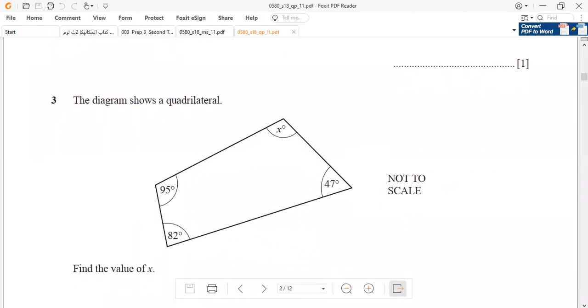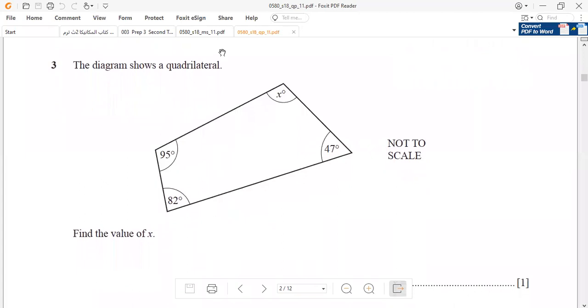In question 3, we have a quadrilateral here with 3 angle measurements: 95, 82, and 47. And the angle here is x. Find the value of x. We know that the total of the interior angles of any quadrilateral is 360.